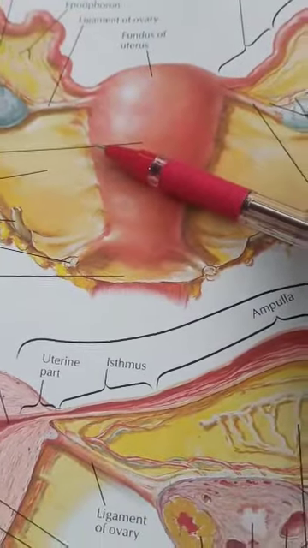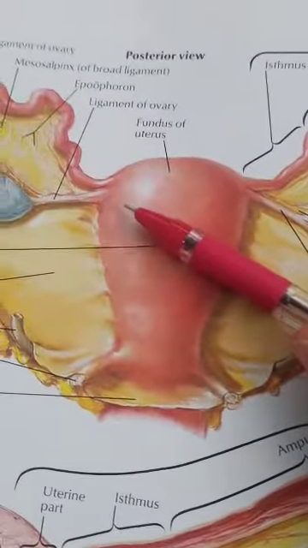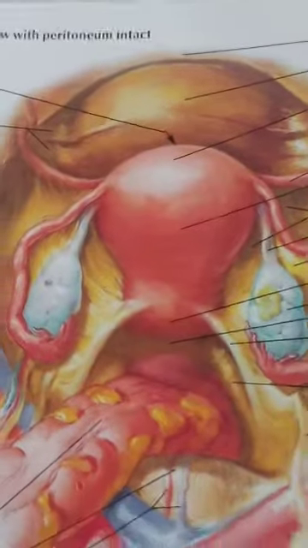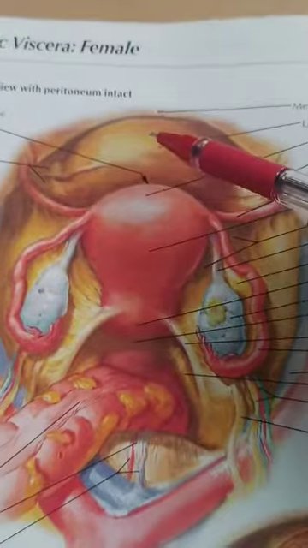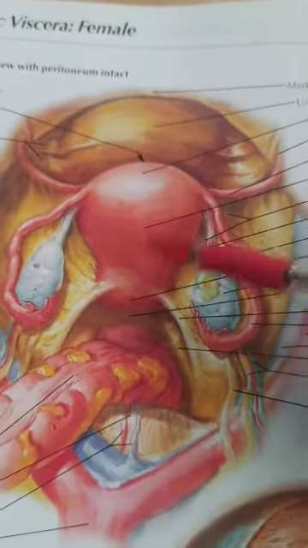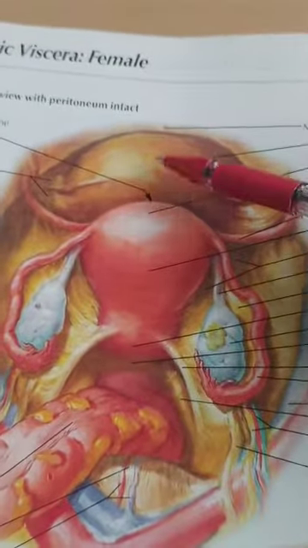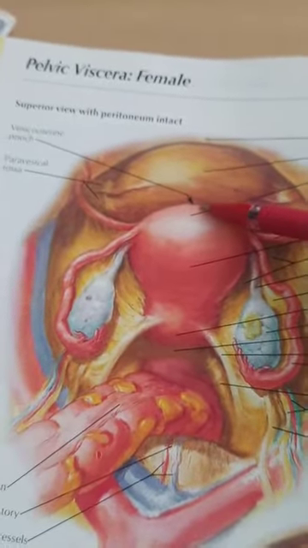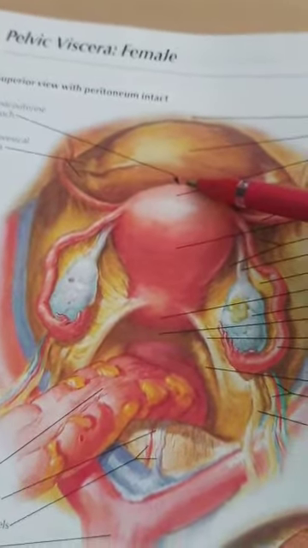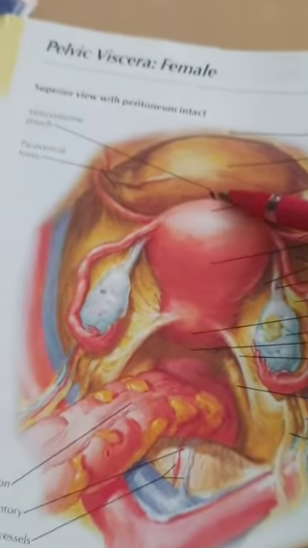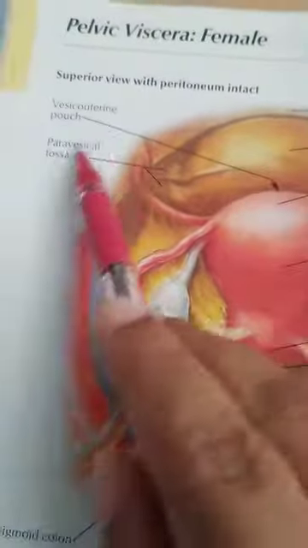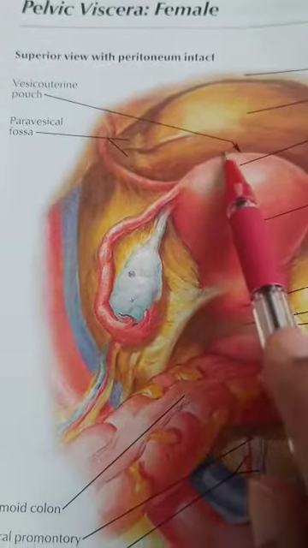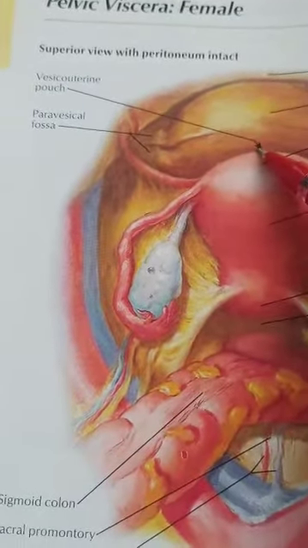These posterior and anterior surfaces are separated by two peritoneal pouches. In this picture we can see the urinary bladder, uterus and rectum. Between the urinary bladder and the uterus there is a pouch formed by the peritoneum, known as the vesico-uterine pouch.